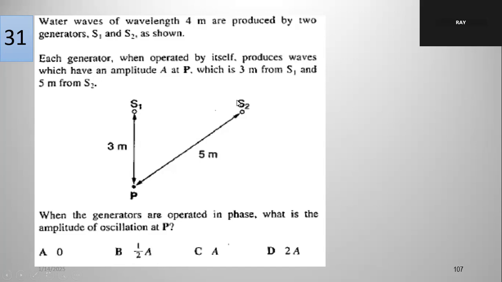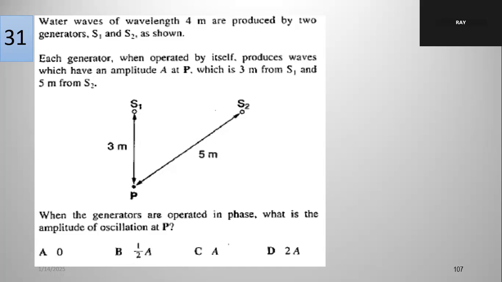Each generator operated by itself produces waves which have amplitude A. P is 3 meters from S1 and 5 meters from S2, and the generators are operated in phase. What is the amplitude of the oscillation at P?